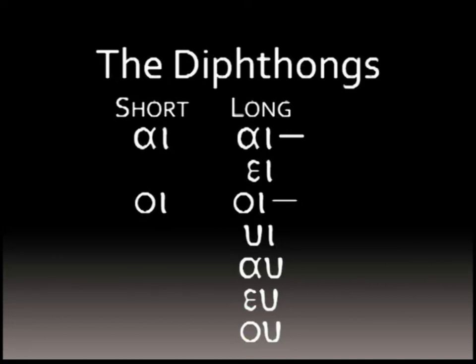And then the EI, the UI, so A, E, O, U, with an I to close the diphthong, and then A, E, O to open the second group of diphthongs, and the upsilon to close it. So alpha iota, epsilon iota, omicron iota, upsilon iota, and alpha upsilon, epsilon upsilon, and omicron upsilon are the long diphthongs.